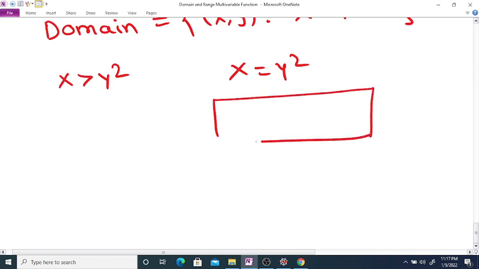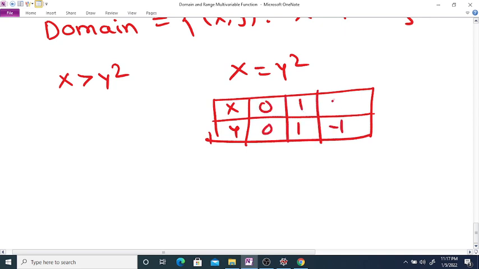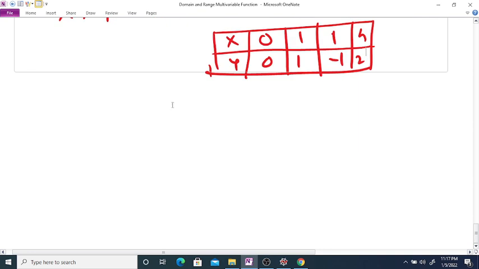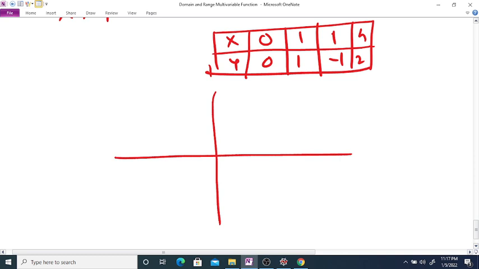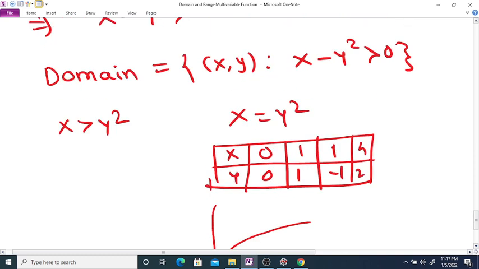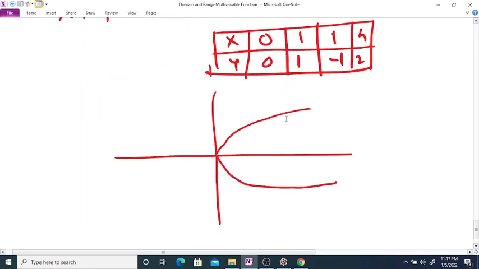Again, if you consider a few points of the given curve: if y is 0, x is 0; y is 1, x is 1; y is minus 1, x is 1; and for 2 it is 4, and for minus 2 it is again 4. So if you draw the given curve, the domain is what? x is greater than y square, so the boundary points are not included in the domain.